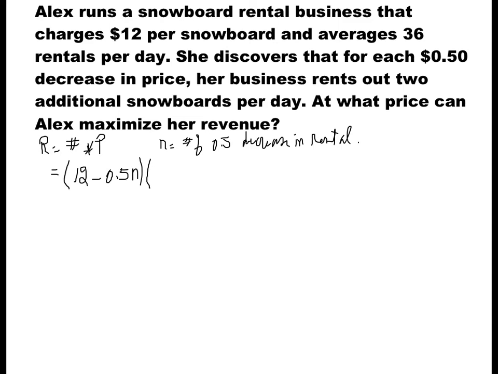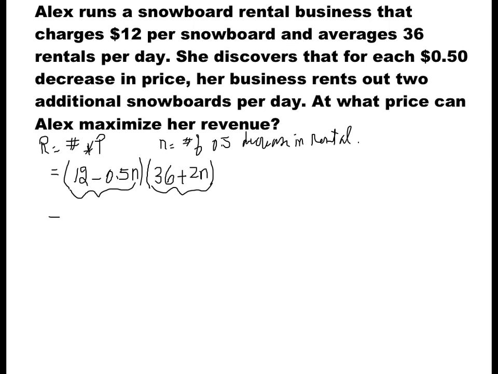We know that when there is no decrease in price, there are 36, but every time she decreases by 50 cents, 2 more people rent a snowboard. So 36 plus 2n. Again, n is the number of 50 cents decreases in rental price. If n is 0, then you get 12 times 36, which is the original one. But if n is 1, meaning that she decreases the price 50 cents, then the price for rental is 12 minus 50 cents, and the number of rentals is 36 plus 2 extra.